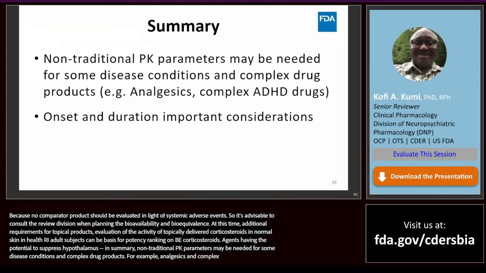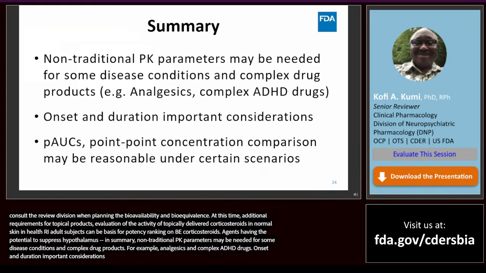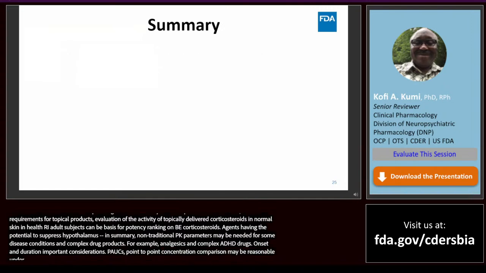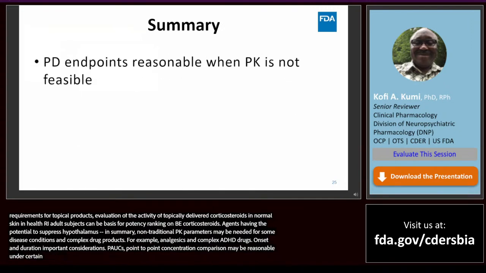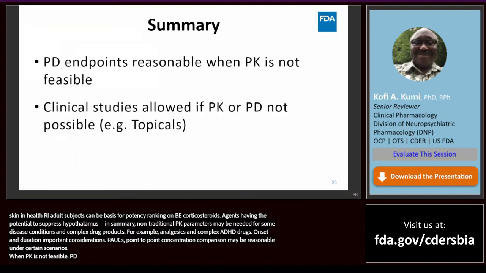Onset and duration are important considerations for this type of product. Partial AUC's point-to-point concentration comparison may be reasonable under certain scenarios. PD is reasonable when PK is not feasible. Clinical studies are allowed if PK or PD is not possible, for example for topicals.